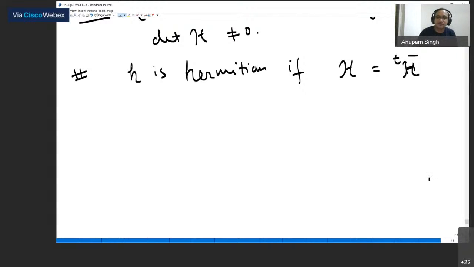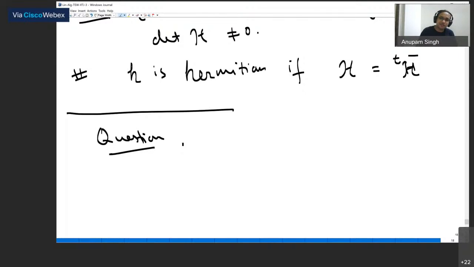This is the definition of Hermitian, the equivalent version of saying H is Hermitian in matrix form. You can verify this with the computations we have done earlier. So now the question again arises: what happens with the base change, when we do a base change?